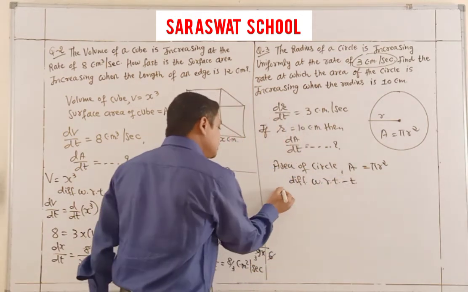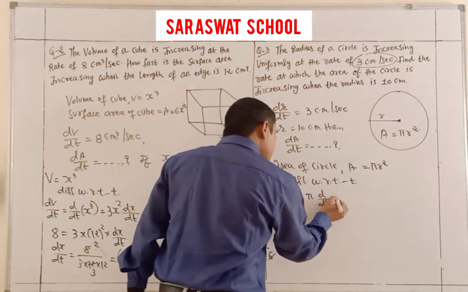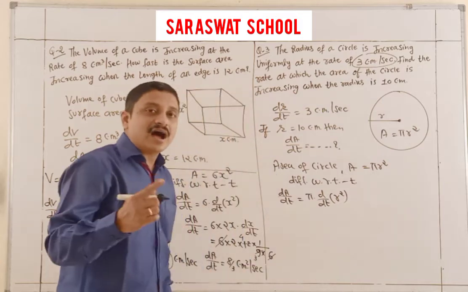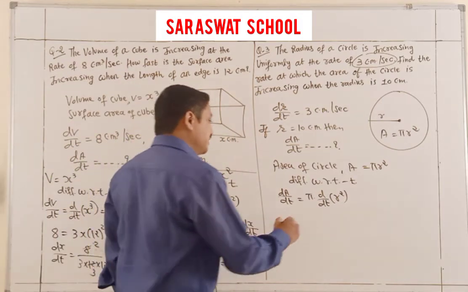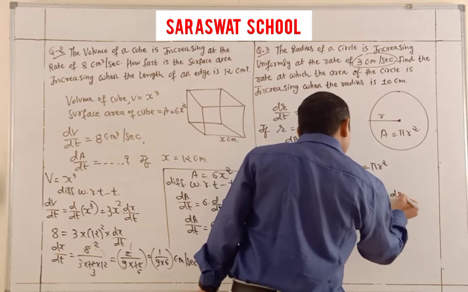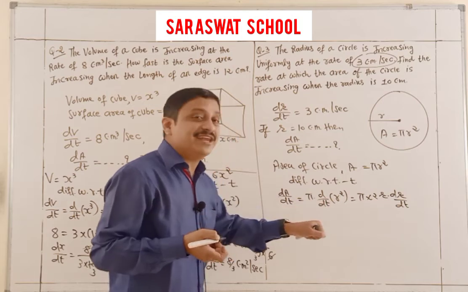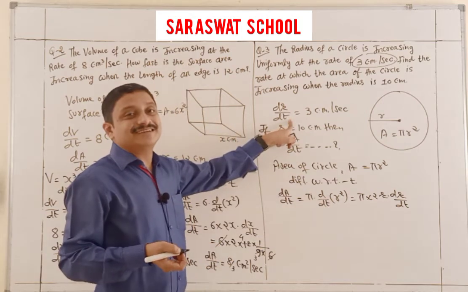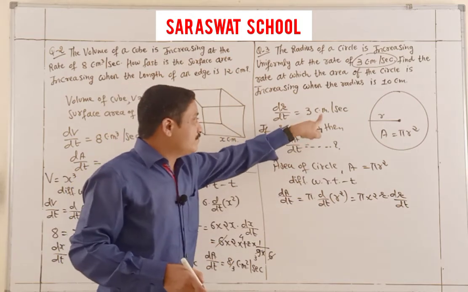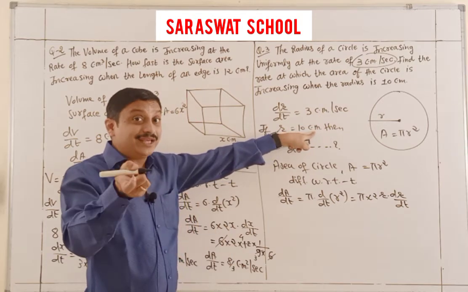So students, dA by dt is pi d by dt of r square. So your answer is pi times 2r, and the derivative of r with respect to time, dr by dt, is given. And check that the units are the same, otherwise convert them to the same.